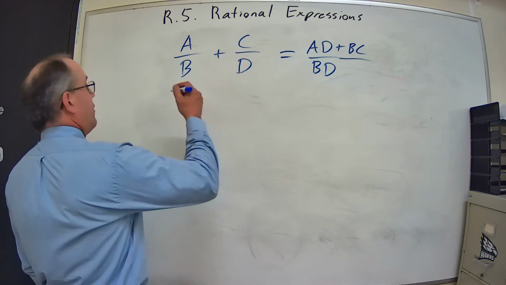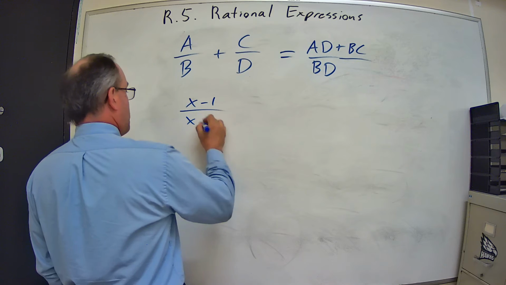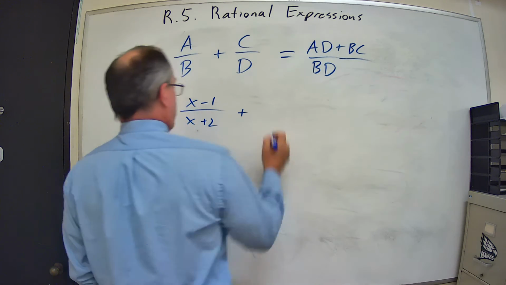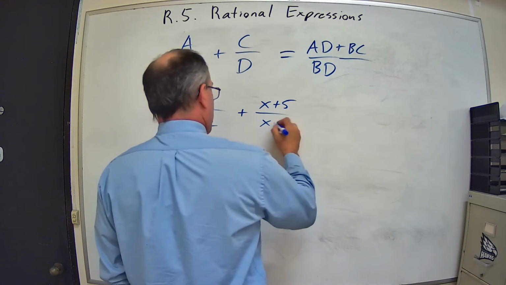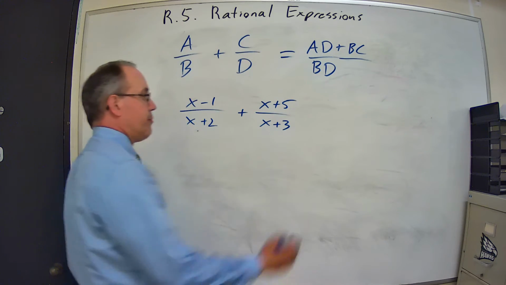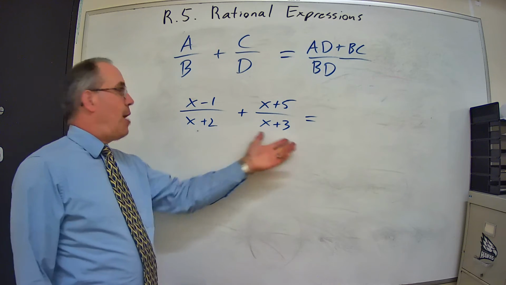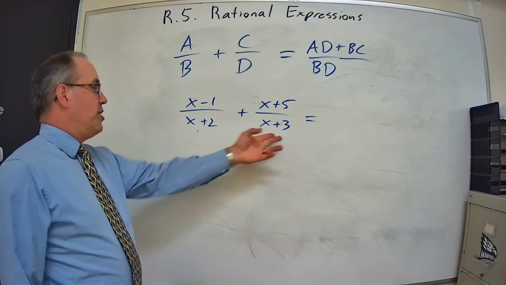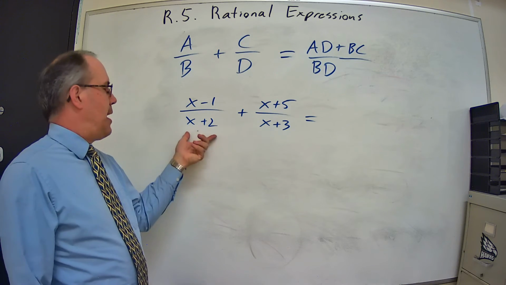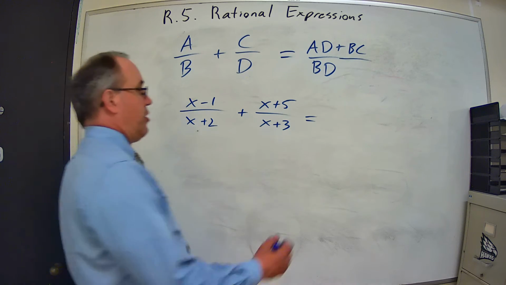So if you have x minus 1 over x plus 2 plus x plus 5 over x plus 3, then we're going to need a common denominator. We don't have any common factors in x plus 2 or x plus 3, so it's going to be the product of those.